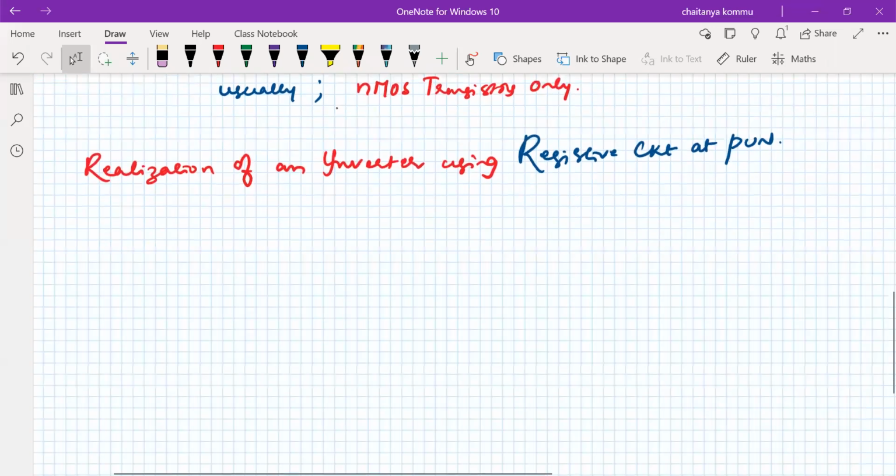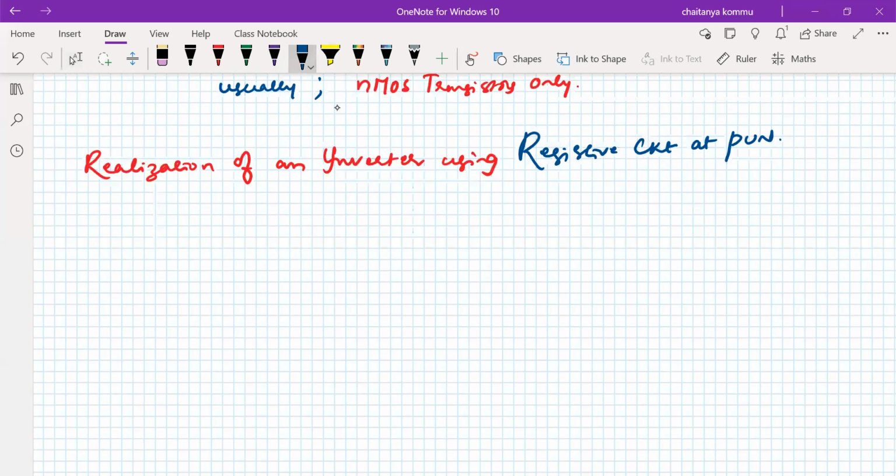So let us simply write in this way. I'm going to consider a resistor at this pull-up network. But as usual, we have to consider an NMOS transistor. This common point we normally call the voltage output.